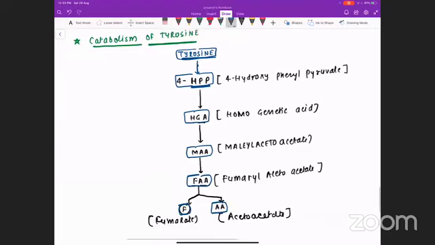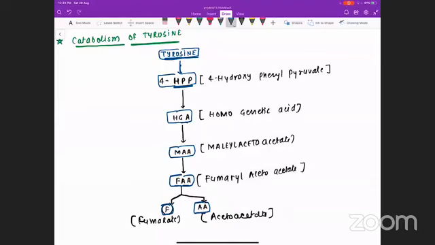Now I am writing the name of the enzyme for each reaction. So you just write down simultaneously. When tyrosine converts into 4-HPP, that is tyrosine transaminase. We will remember the name of the enzyme also with a simple name only.